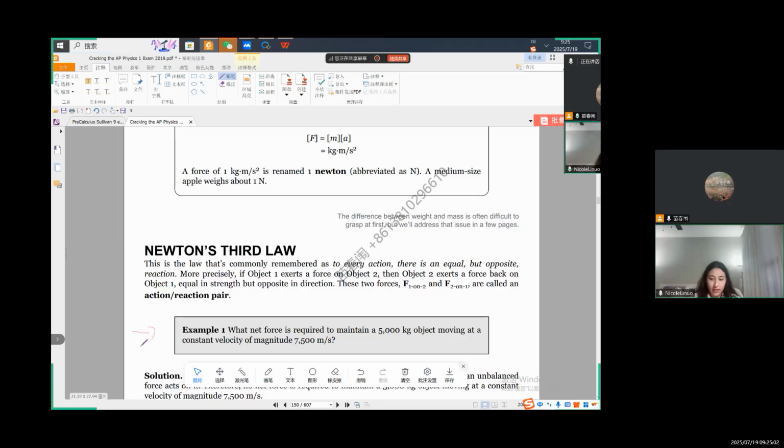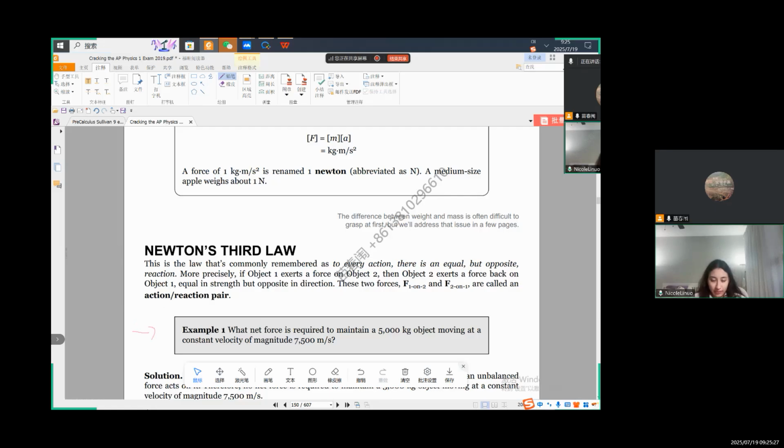The second one is Newton's F equals mass times acceleration, F equals ma. And the third one is for every action there's an equal and opposite reaction. Okay, good. Let's do example one then.